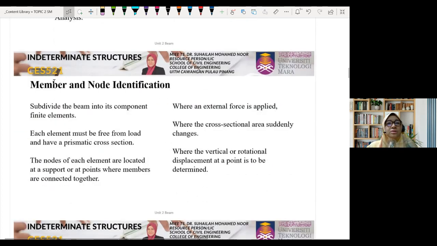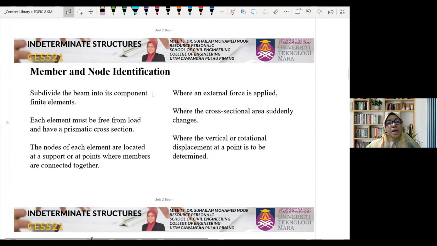Okay, next. Member and node identification, what does it mean? In the analysis of a structure using the stiffness method, you are given the structure and you need to analyze the structure.